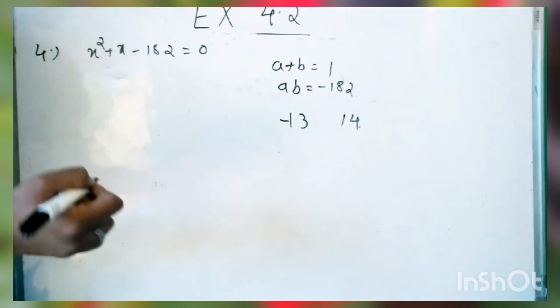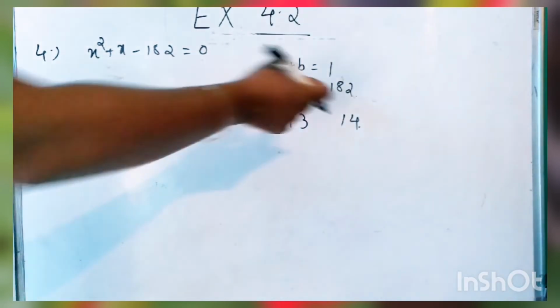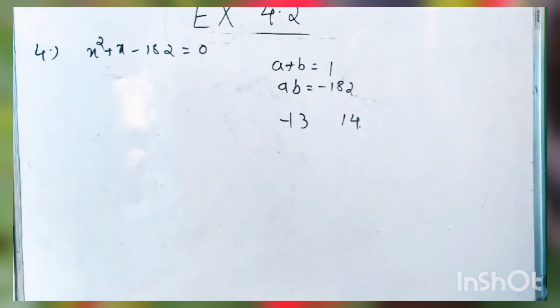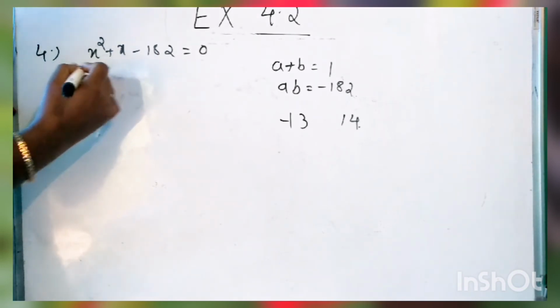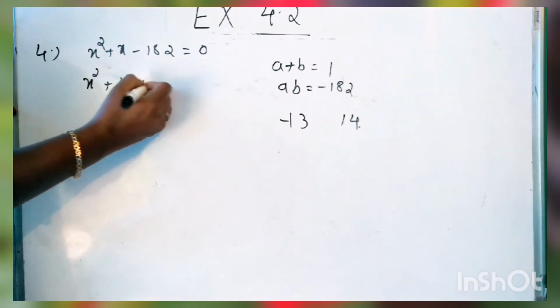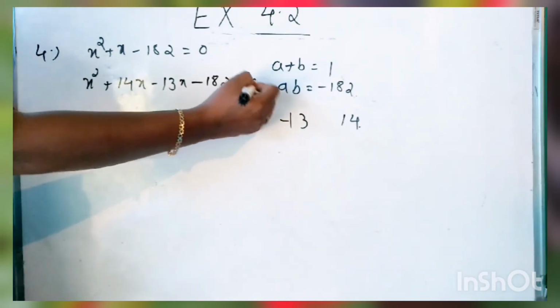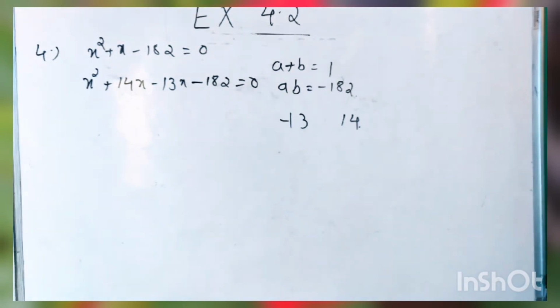So the smaller number we will put as negative. So minus 13 into 14, that is minus 182, and minus 13 plus 14, that is 1. So we will split this as x square plus 14x minus 13x minus 182 is equal to 0. 14x minus 13x, we will get as x itself.